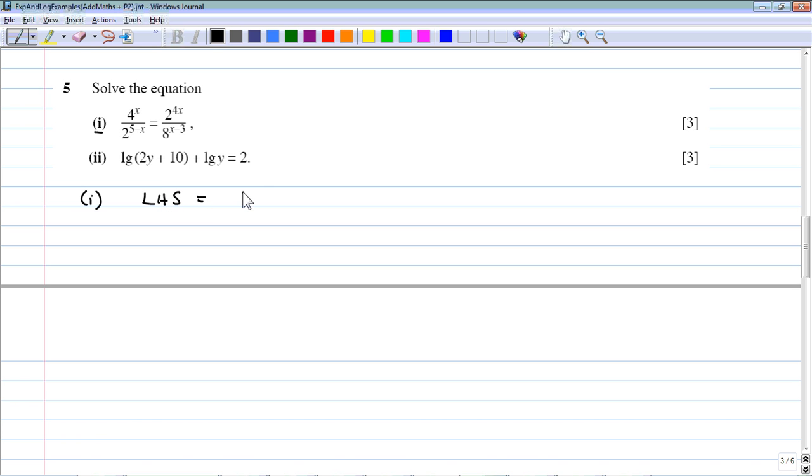I've got 2 to the power 2, that's 4 to the power x, divided by 2 to the power 5 minus x. Because that's a division, that means I've got 2 to the power 2x minus brackets 5 minus x. So let's simplify that down. That's equal to 2 to the power 3x minus 5.